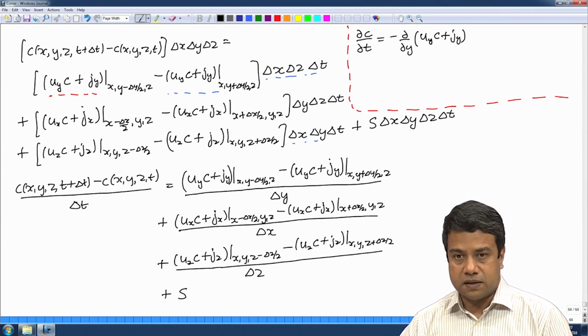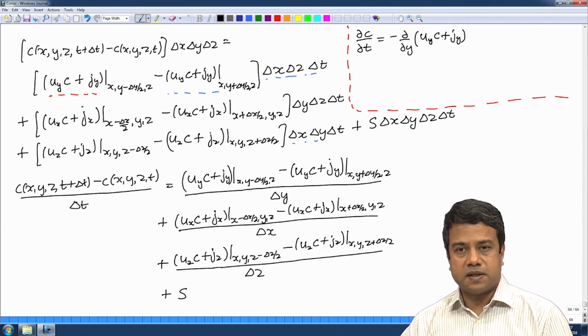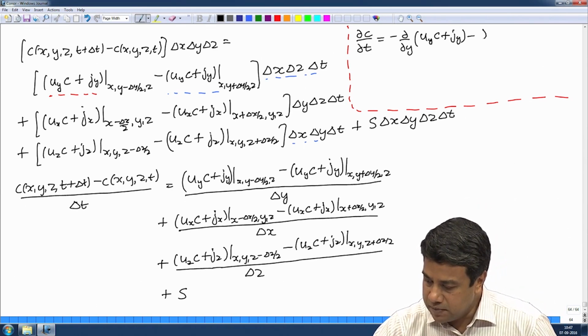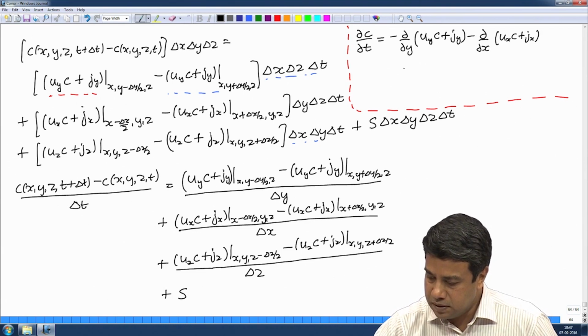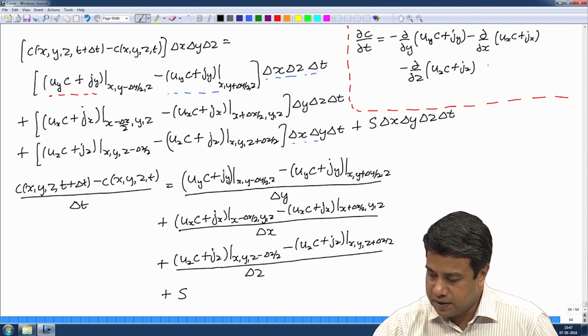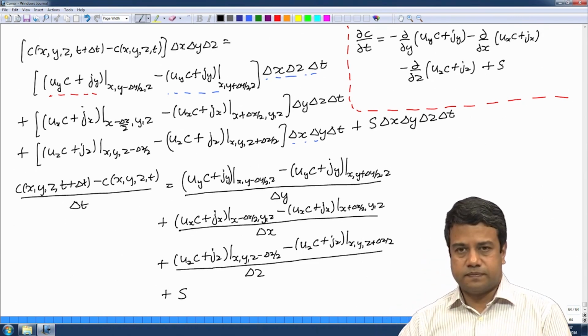That is in the y direction. You will get a similar expression in the x and the z directions, minus d by dx of u x c plus j x, minus d by dz of u z c plus j z, plus any source.